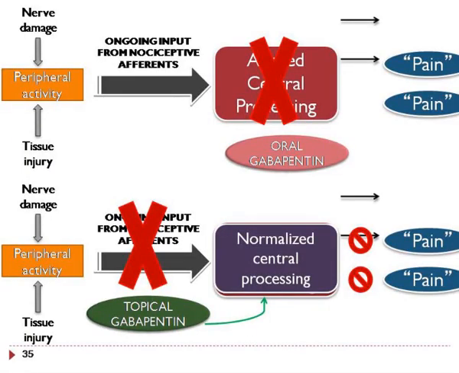So when we are using topical gabapentin, it will have more effect, and we can cut short the peripheral pain sensation or allodynia or hyperalgesia due to adaptation at the central level.